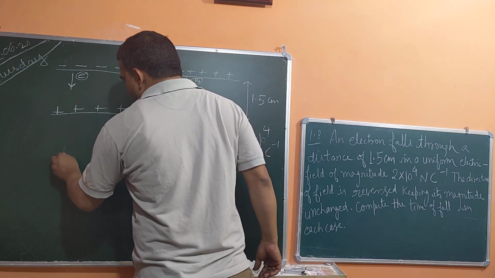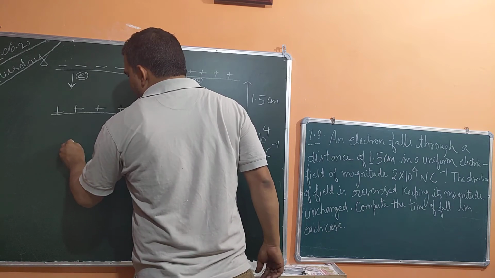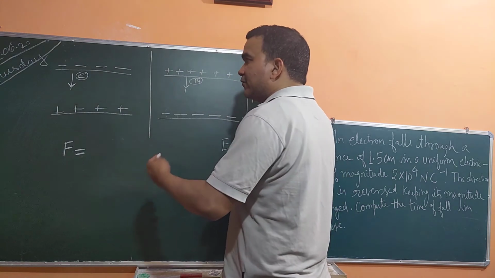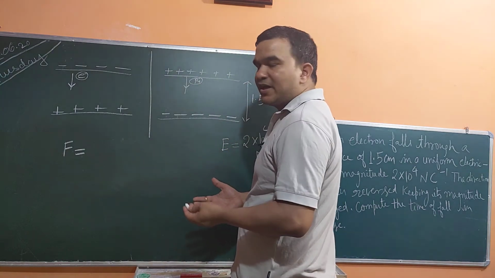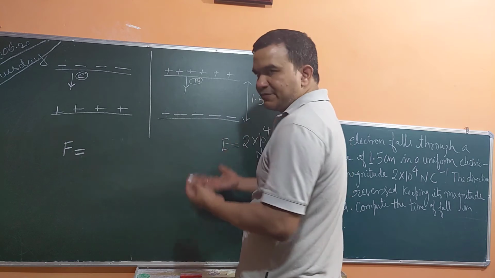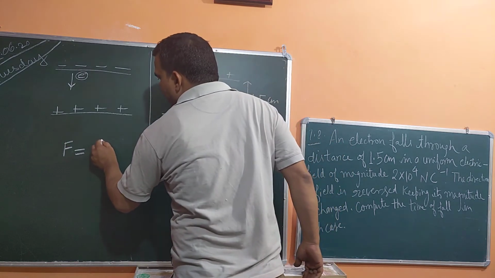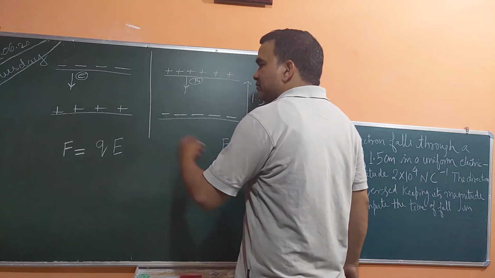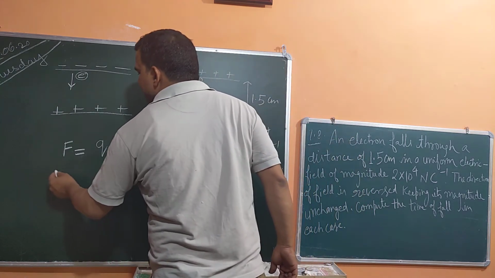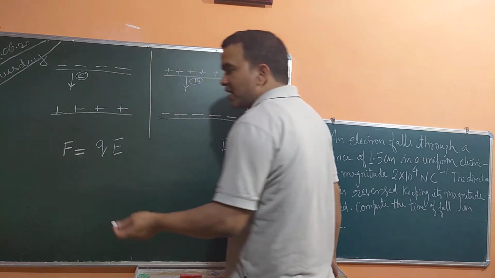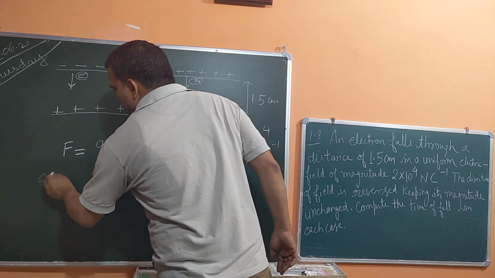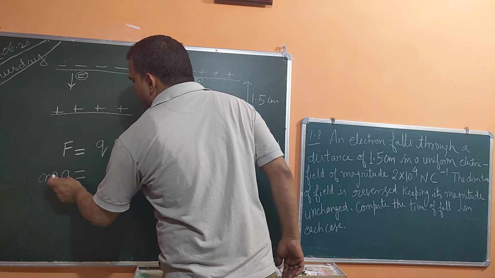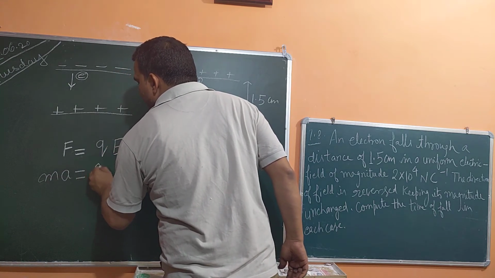As we know, the electric force experienced by a charge in an electric field is equivalent to QE. And if the mass of that charged particle is m, then acceleration: F is equal to ma, which would be equivalent to QE.